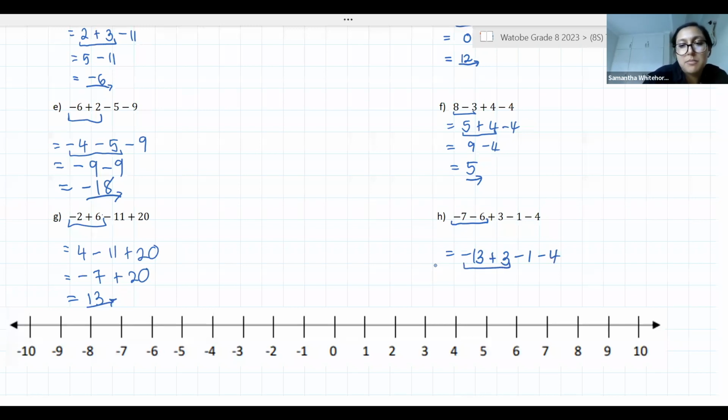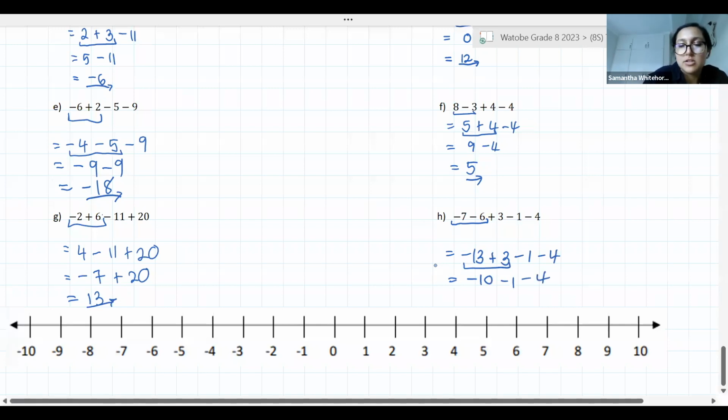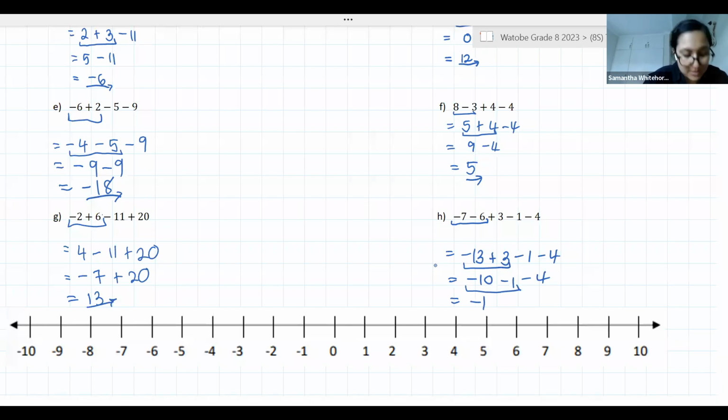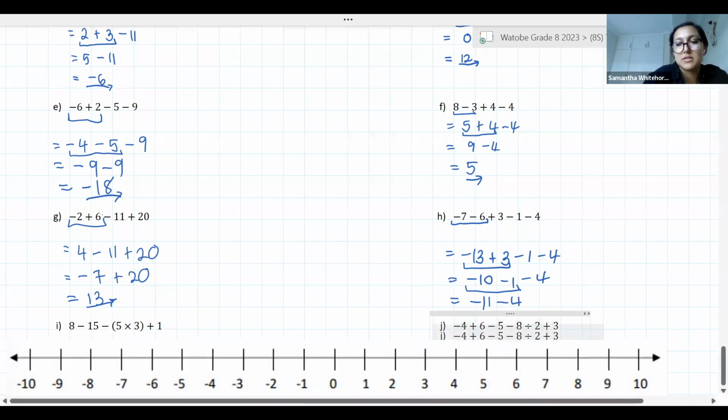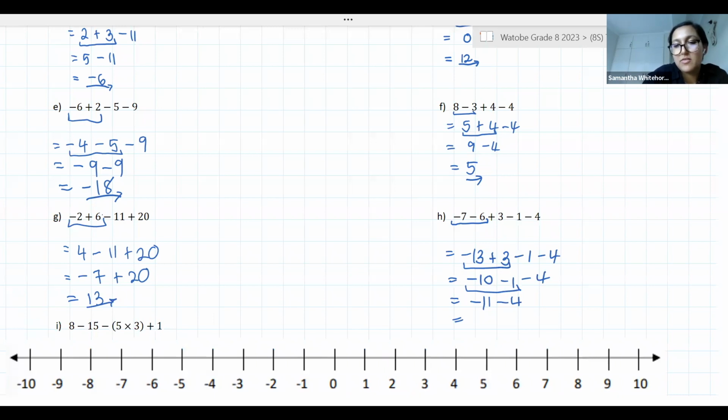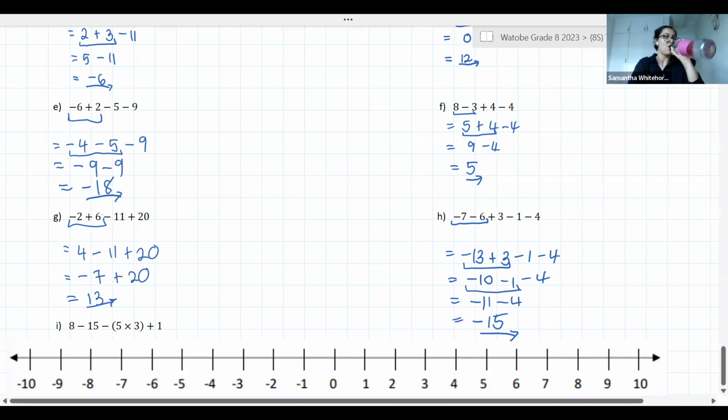So minus 13 plus 3 is minus 10, minus 1 is negative 11, minus another 4 is negative 15. Very nicely done, guys. You were so good tonight.